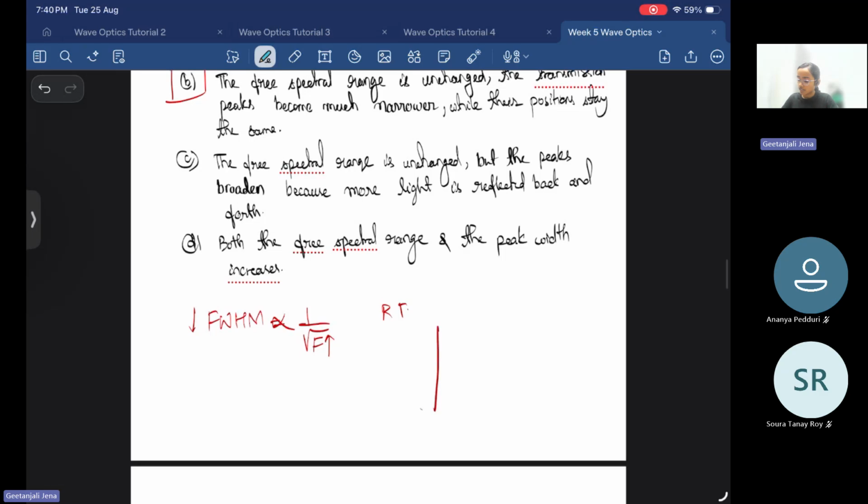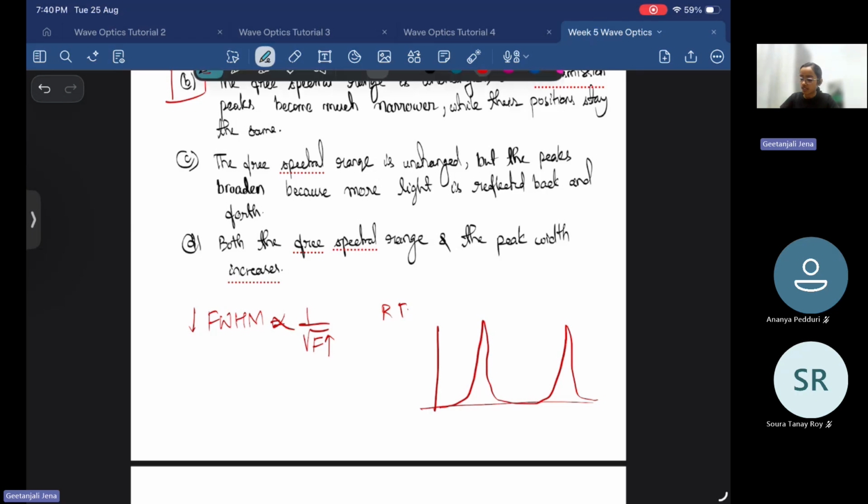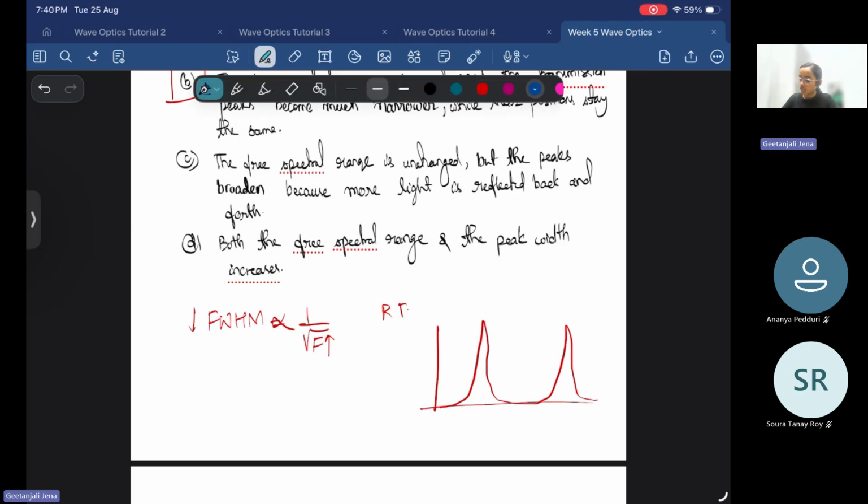So the peaks will get narrower when we increase the reflectivity. And we have seen this in the lecture also using some example. So you will get a narrow peak at the same position. On the other hand, if you decrease the reflectivity, you will see broader peaks at the same position.